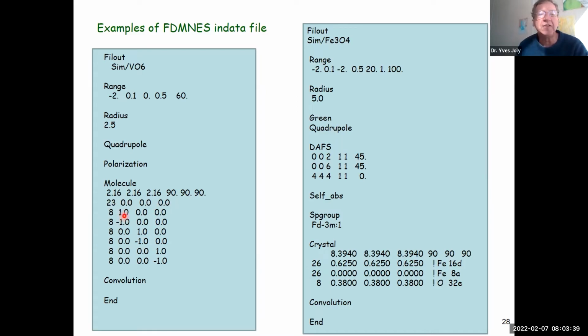The oxygen is along X at 2.16 angstrom, this one in the other direction, etc., along Y and Z. So you can see it's an octahedron. And then if you write the keyword convolution, you will also have the convoluted spectra, and we finish with the end.